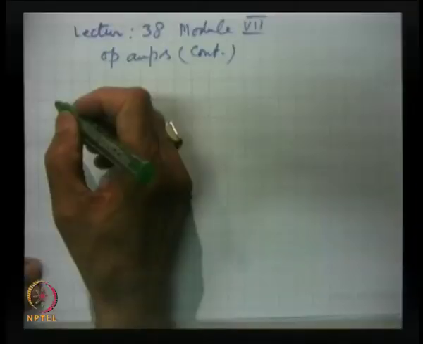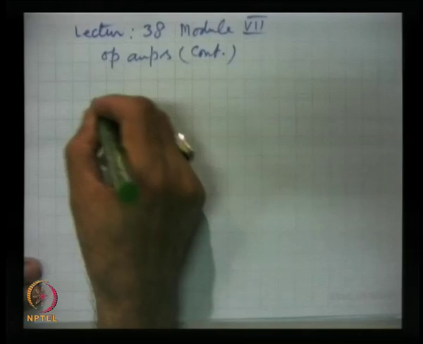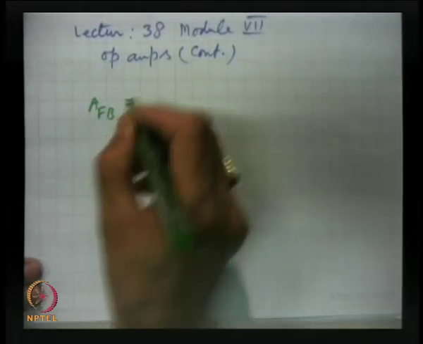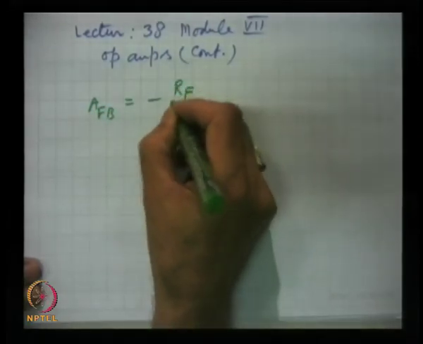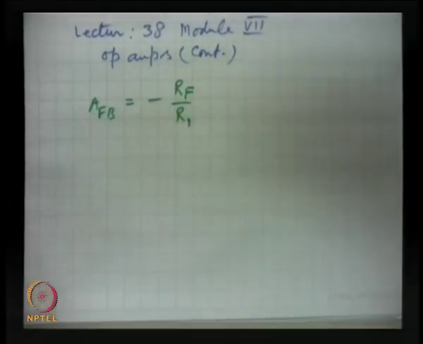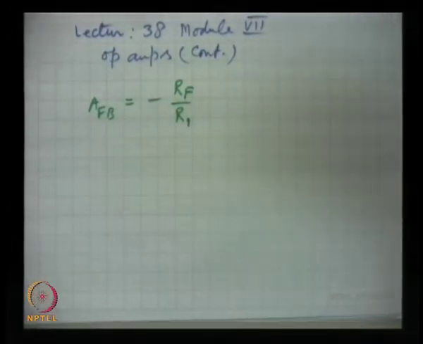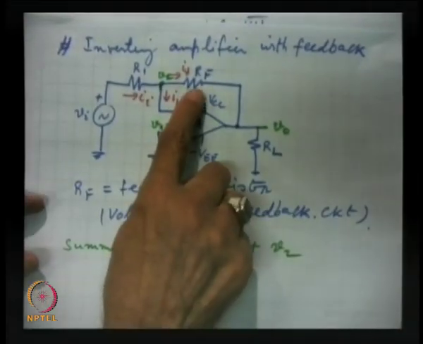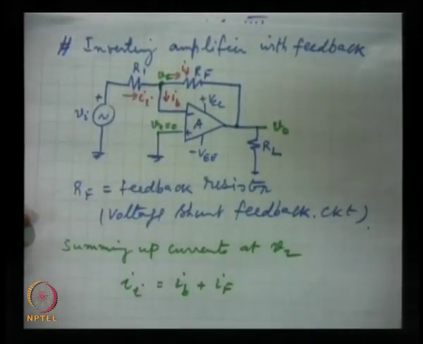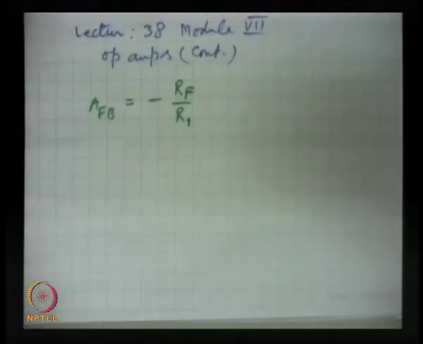We were discussing the inverting amplifier, and there were two things which we did. One was the practically used expression for voltage gain with the feedback amplifier, which is minus Rf by R1, that is the ratio of these two resistances Rf and R1 that gives the voltage gain.